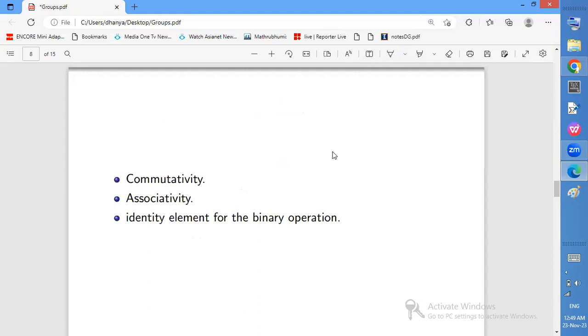Now let us discuss some properties of binary operation. Let S be a set and star be a binary operation on that set S. The operation star is called commutative if we have the property A star B is equal to B star A for every A, B belonging to the set S. What are the examples of commutative binary operations?